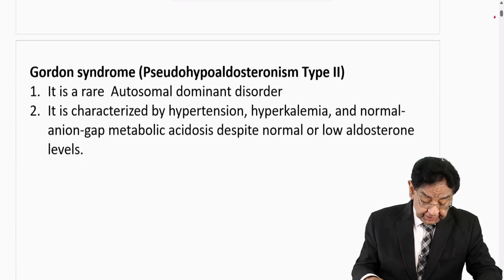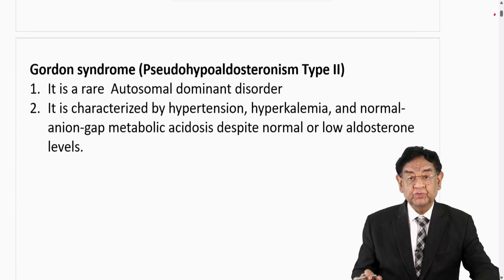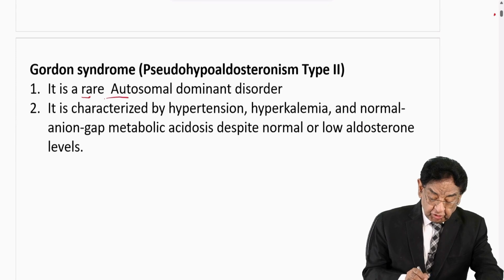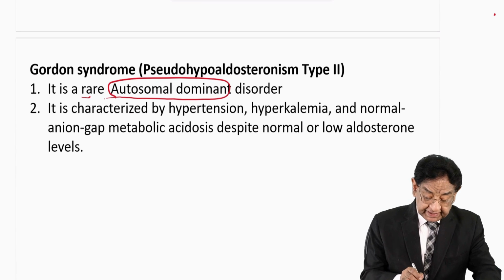Well, first of all, let's say what's the definition, what is it? It's a rare, autosomal dominant, meaning it is an inherited disorder.